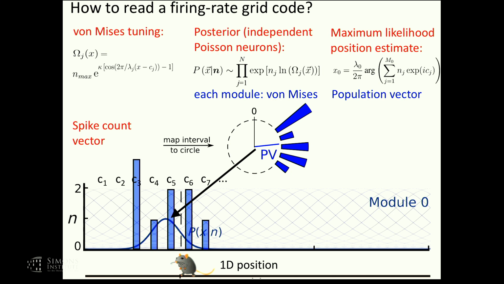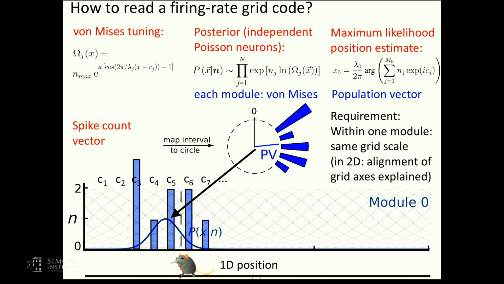To do that, the requirement is that you can put all these neural tuning curves on the same circle. And that means that it only works if all neurons within one module have the same wavelengths. So that provides an explanation why within one module we really want to have the same grid scale.